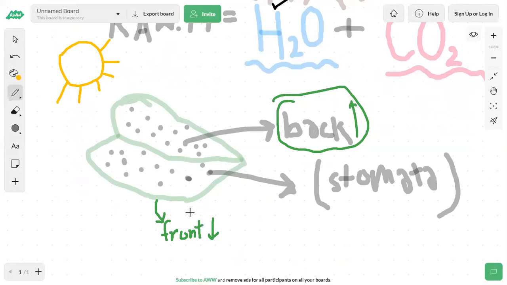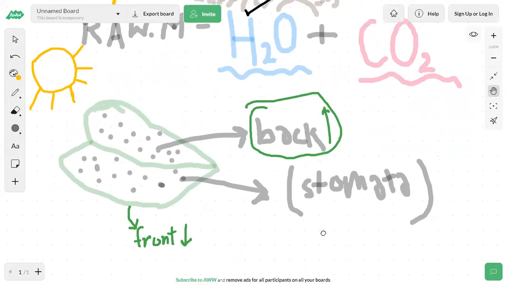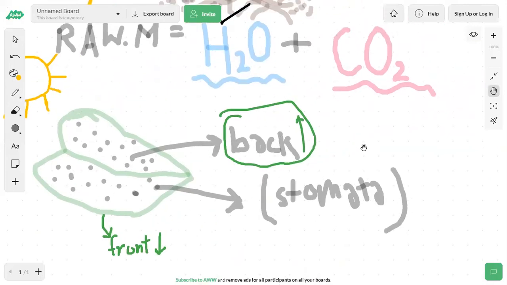And because photosynthesis is taking place inside the leaf, obviously the water would be here, and we don't want the water to get evaporated. So we have most of the stomata on the back side or underside of the leaf.